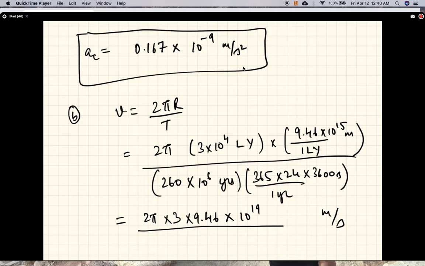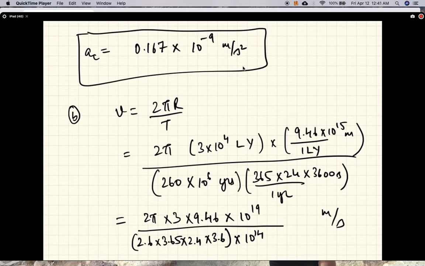And in the denominator, let's gather powers of 10. 2 plus 6 is 8, 8 plus 2 is 10, 11, and 3 is 14. So 10 to the 14, and this is 2.6 times 3.65 times 2.4 times 3.6.